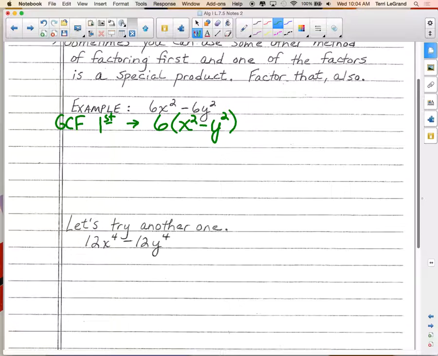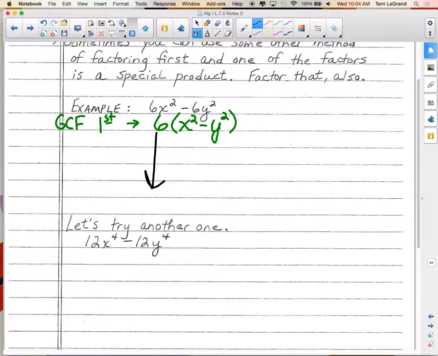So we're going to look at that and say, okay, can that x squared minus y squared now be factored? It is a binomial. It has subtraction. So we need to check to see if it is a difference of squares. Do you think x squared minus y squared is a difference of squares? Let's try. This GCF of 6 is coming down.